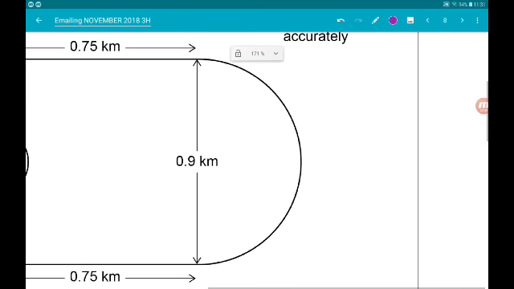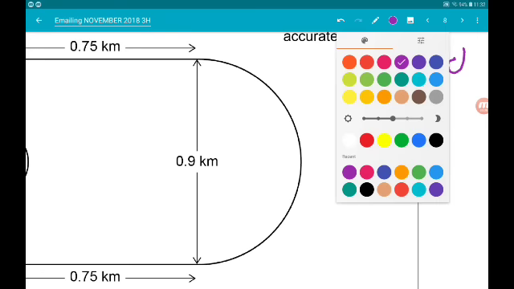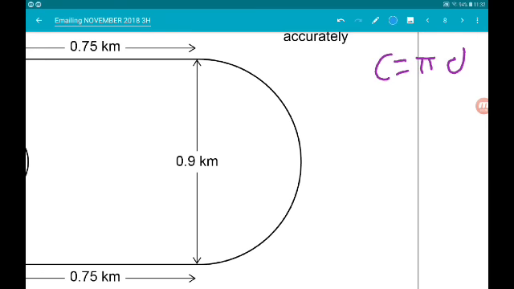We know that for a whole circle, circumference is pi times diameter. So for a semicircle, we're going to want pi times diameter over 2. So this length is pi times 0.9 over 2.